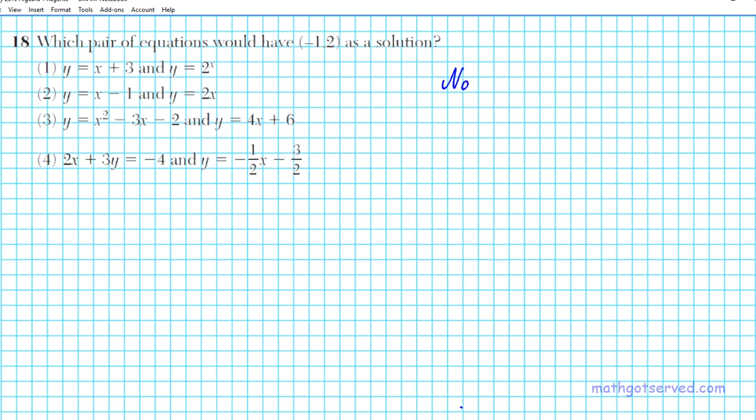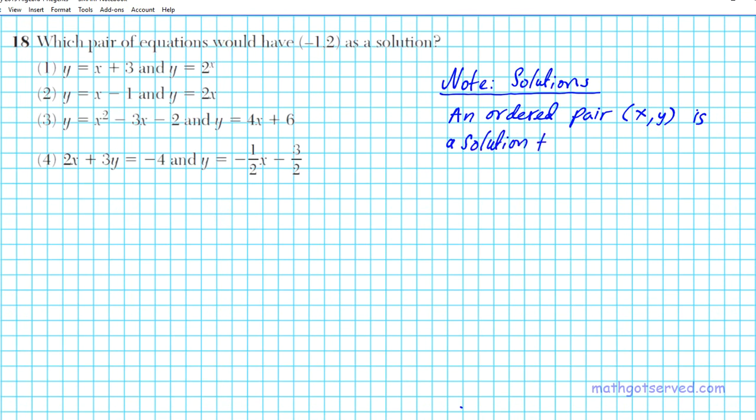Something to note concerning solutions to an equation that has two variables: an ordered pair xy, representing two numbers, is a solution to an equation if it makes the equation true upon substitution.